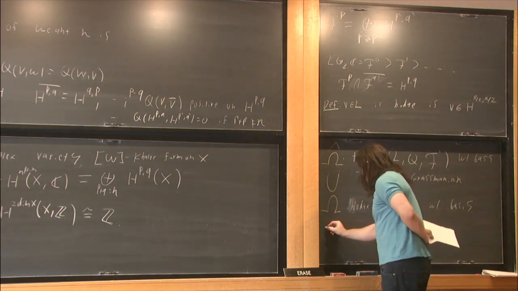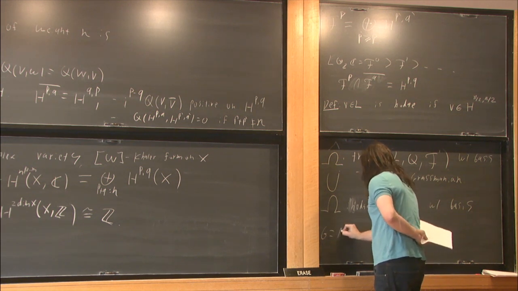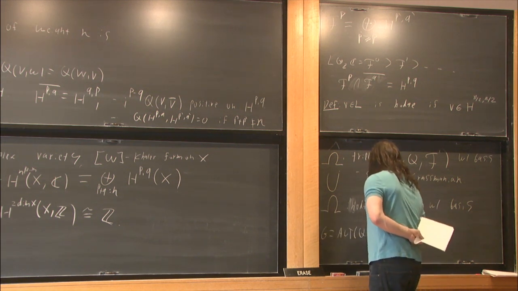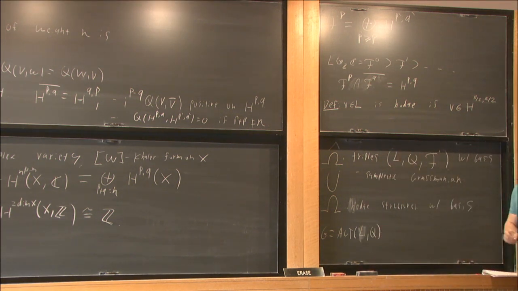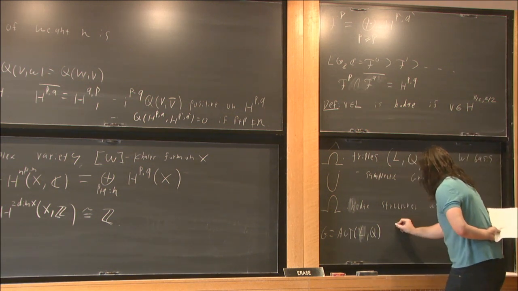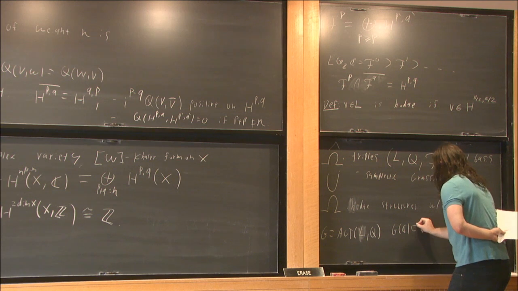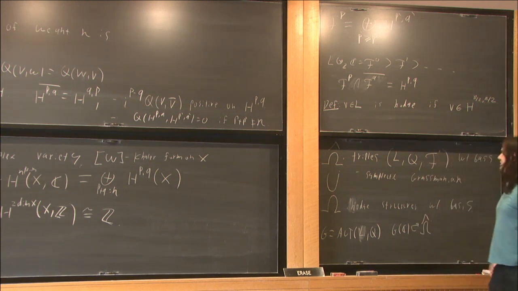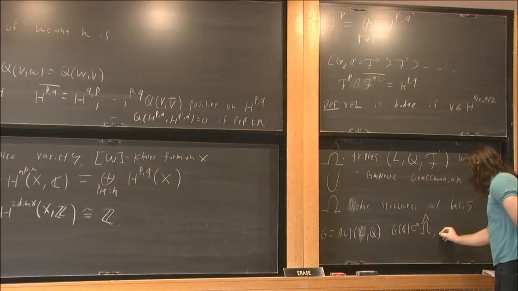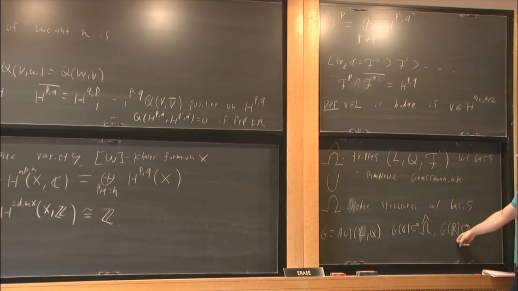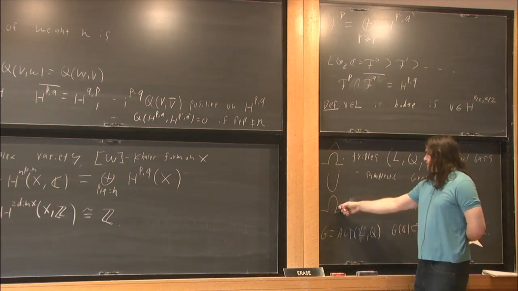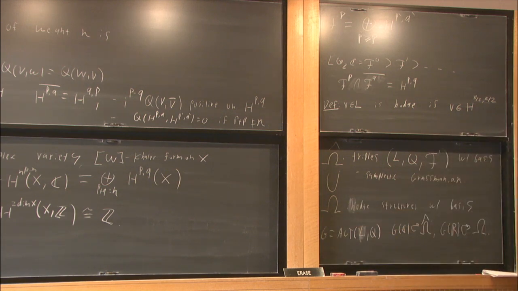OK, so then we can look at G. Let it be the algebraic group which is the automorphism group of L, which respects this pairing Q. And then we have an action of G_C on omega hat, just by acting on this filtration. And G_R preserves omega. This action is actually transitive, so it can't preserve omega, but the real points do. Again, much like the upper half plane.